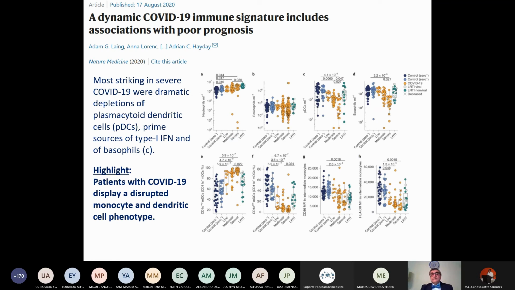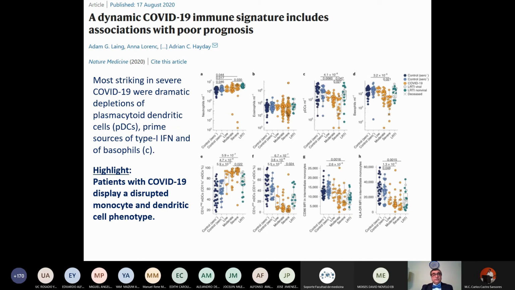They also did an assessment of plasmacytoid cells, and on this slide you see the level of plasmacytoid cells is lower, and some patients didn't express them at all. That is very concerning, because as you know, these cells are involved not only in immune response but also in secondary infection.